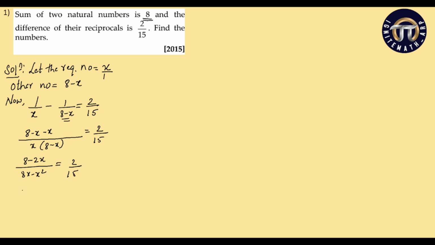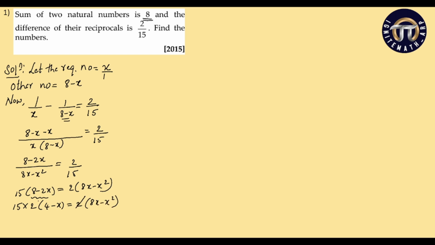Now I'll cross multiply this. So 15 into 8 minus 2x is equal to 2 into 8x minus x square. In 15 into 8 minus 2x, the 2 can be taken common. I can write it as 4 minus x is equal to 2 into 8x minus x square.